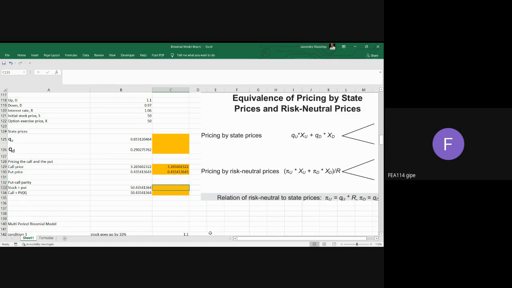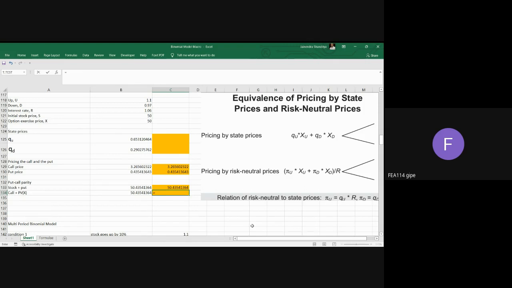Now the next thing you need to do, once you have these call option and put option prices, just for the sake of extreme caution, is check whether put call parity is holding or not. So the first side of the put call parity is stock plus put. Stock is 50 and the put price is this. So I enter it and it becomes 50.43.